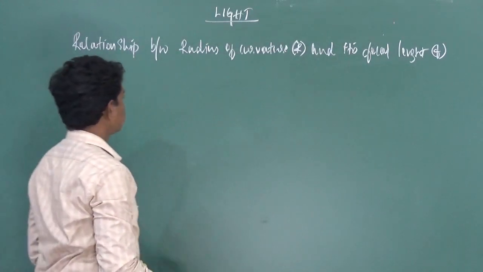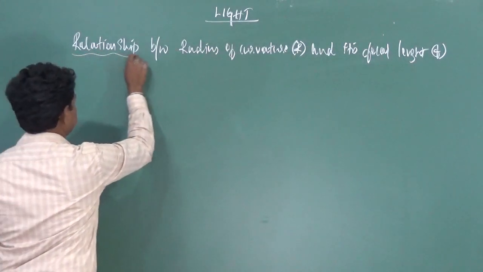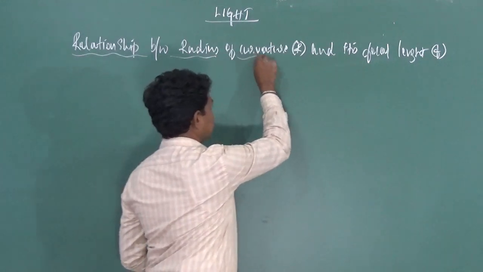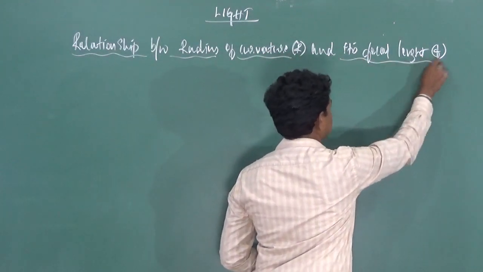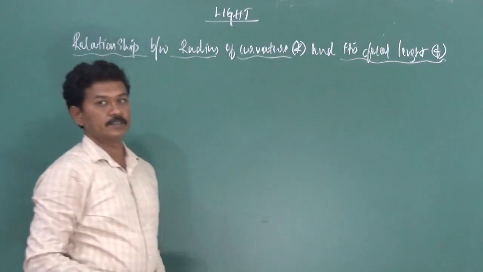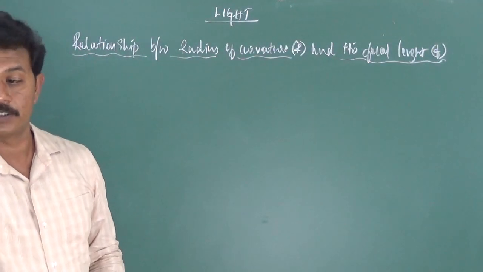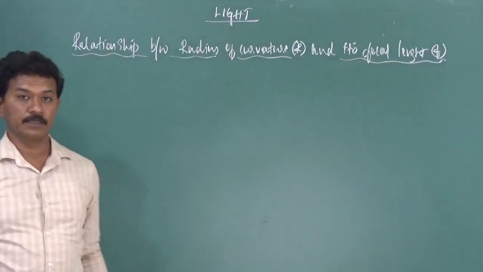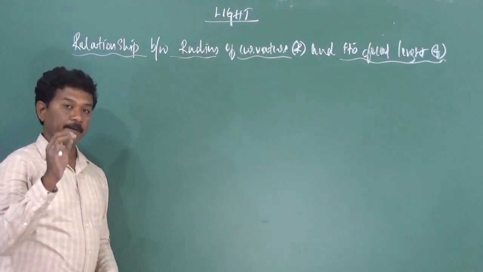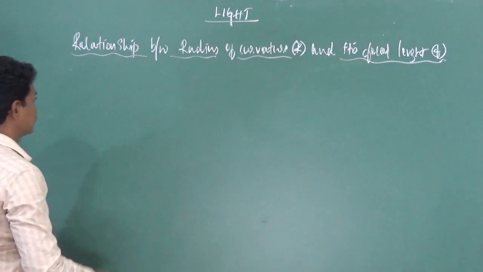There is a very simple relationship between the radius of curvature R and the focal length f. It applies for all mirrors, whether it is a concave mirror or a convex mirror. For both mirrors, this relationship applies.